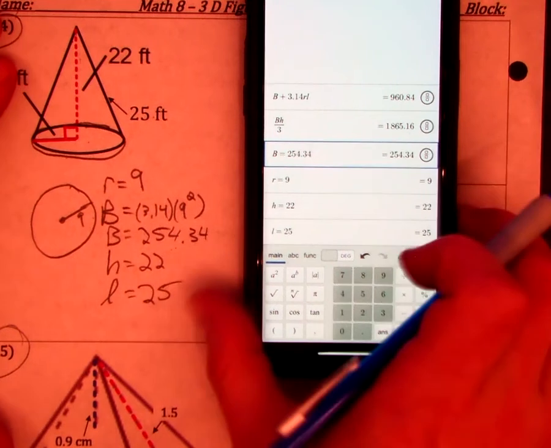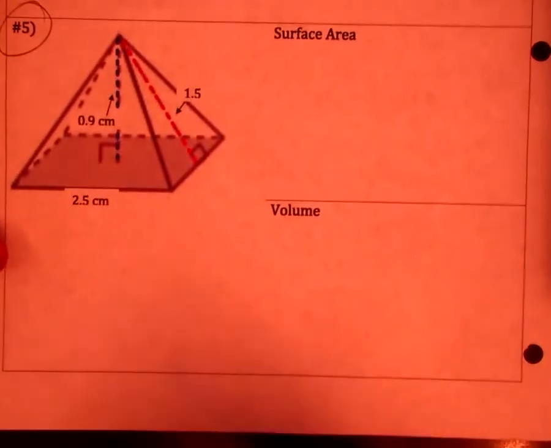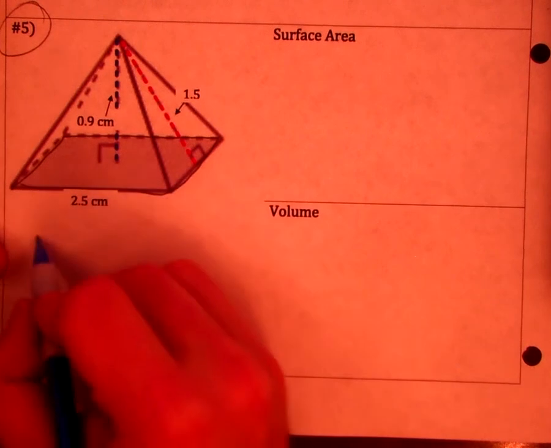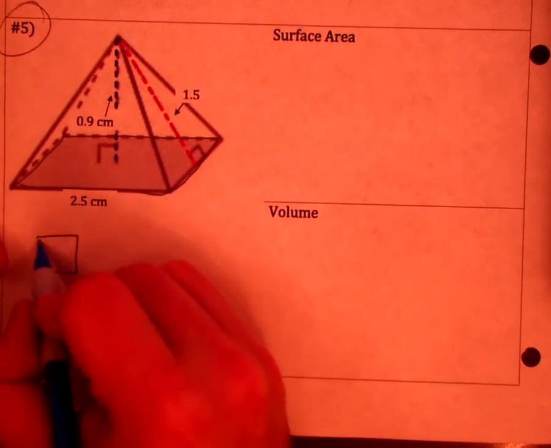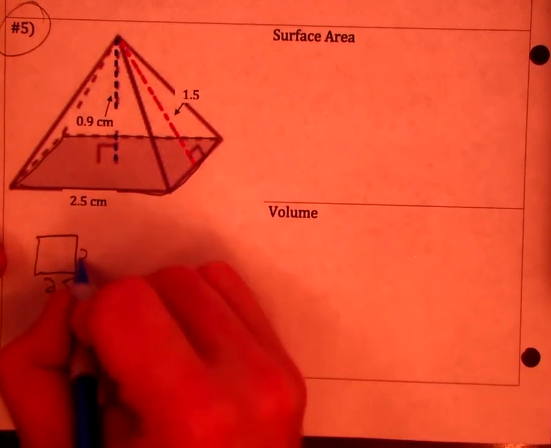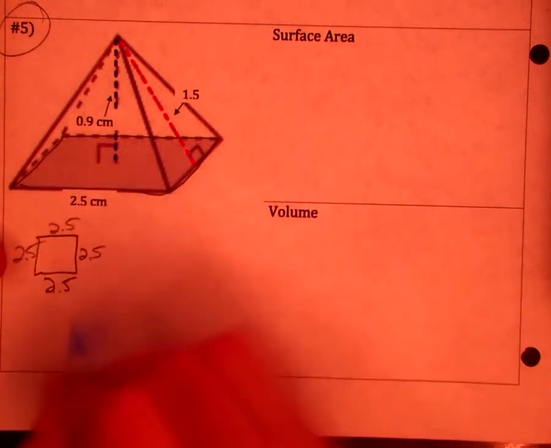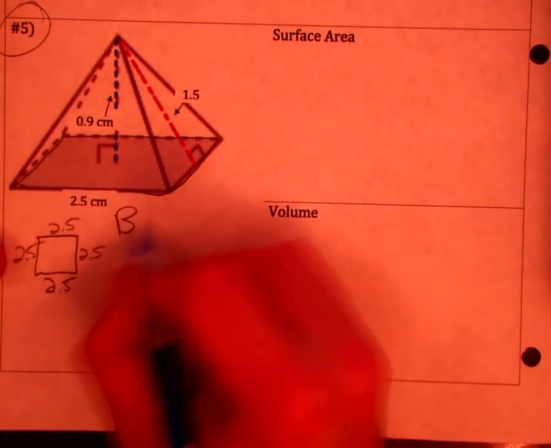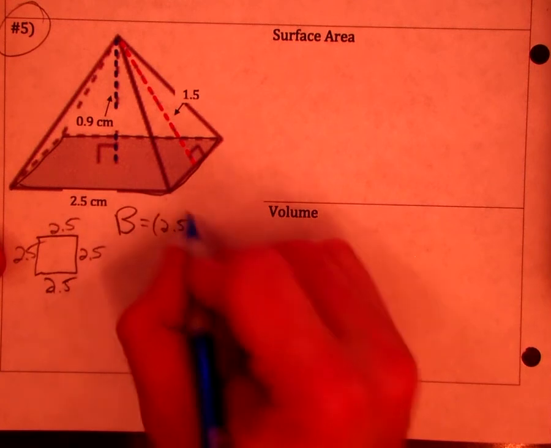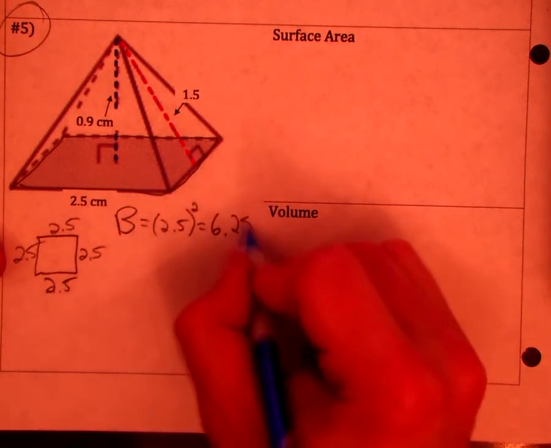Lastly, I want to have this number 5. And so, again, as always, trace that base and redraw the base, which is a square. We have 2.5 as the side length, and that means that all the others are 2.5. The area of the base is equal to a side length to the second power, which is going to equal 6.25.